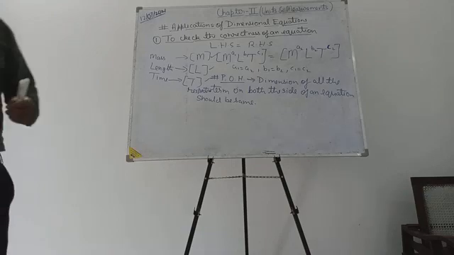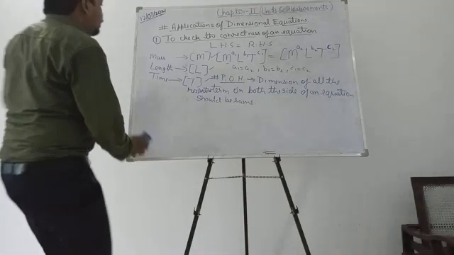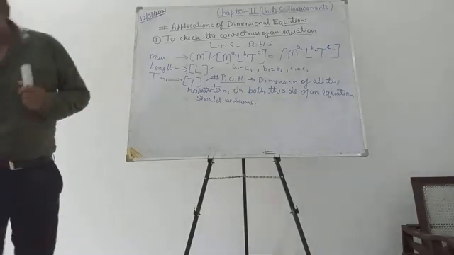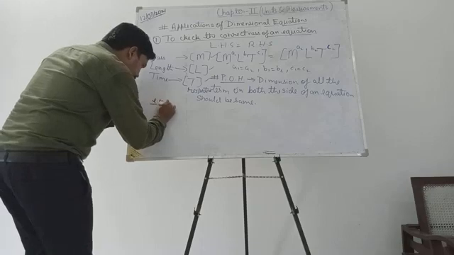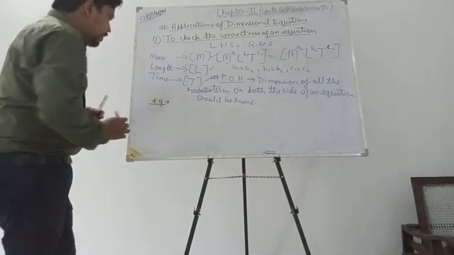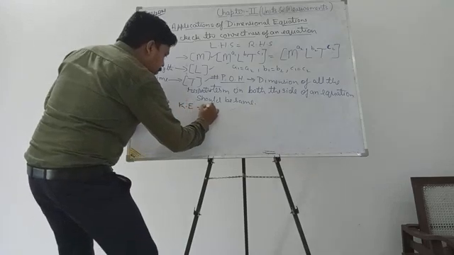So let's erase everything and talk something more about these factors. For example, let us assume we have been given a certain equation, and that equation tells us that the kinetic energy is equal to the potential energy.